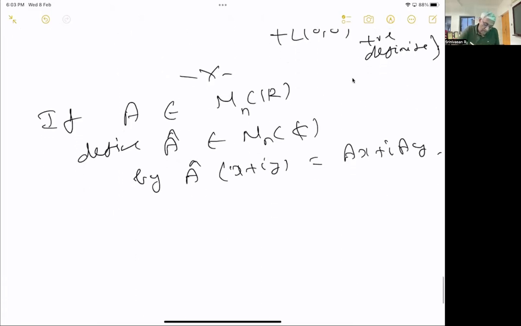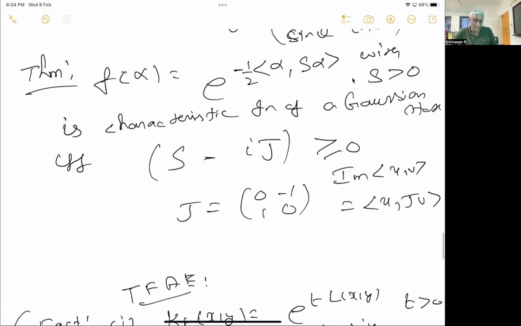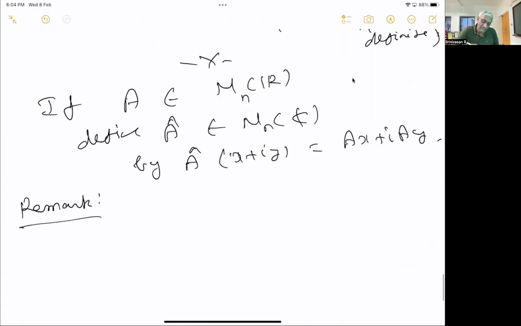Now this is what I want to make the remark, because I'm really not happy with the statement S minus Ij greater than 0. I want to write it as a complex statement, which will be clear.